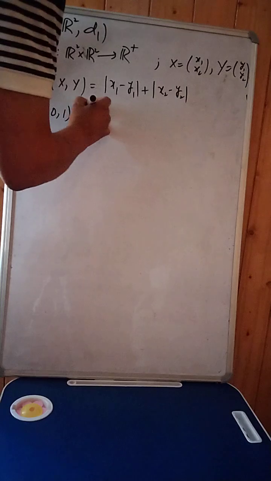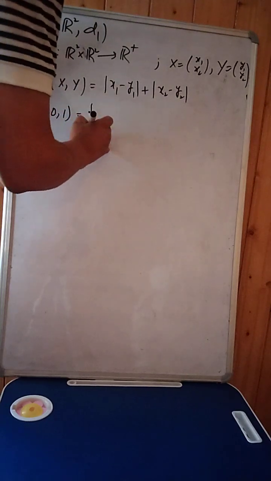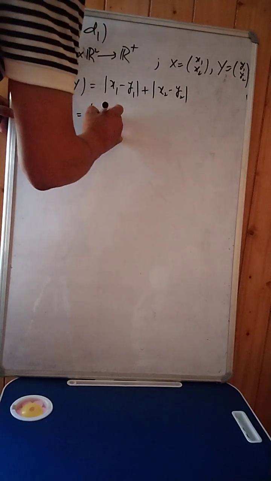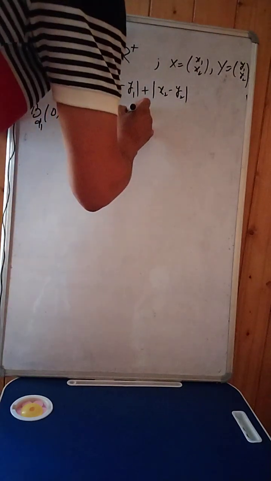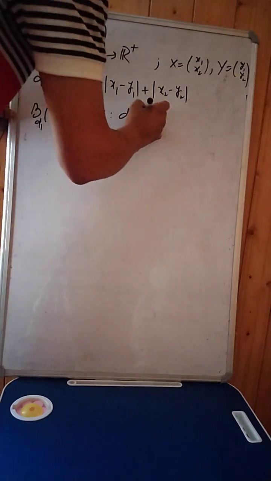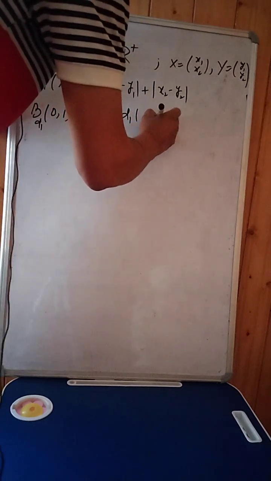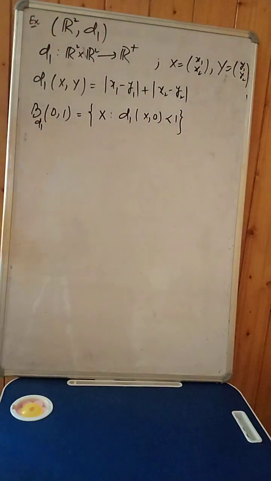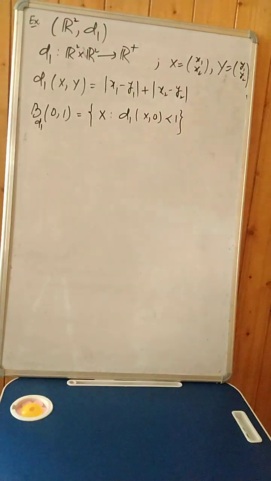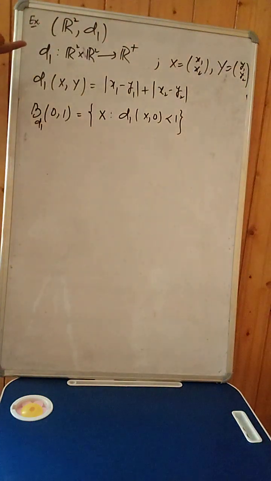That means we can define the open set to be the set of all those vectors x such that the distance D1 from x to 0 must be less than 1. Similarly, you can find other open sets, but this is one such example. I am trying to show how we will find open sets in this. This is one of the kinds of open set.